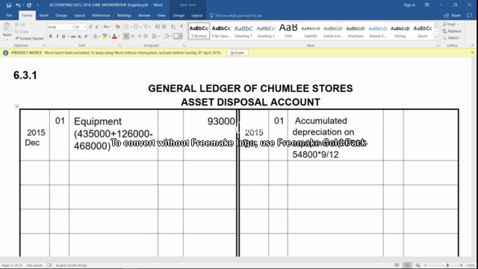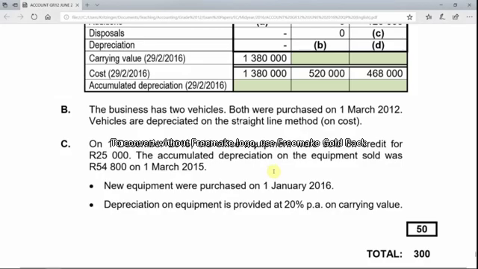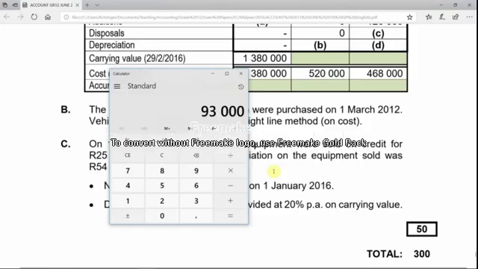That will give us the additional depreciation that we have to add to the 54,800 that we had at the beginning of the year. So let's get back to our calculator. We have the 93,000 cost. We subtract the 54,800.